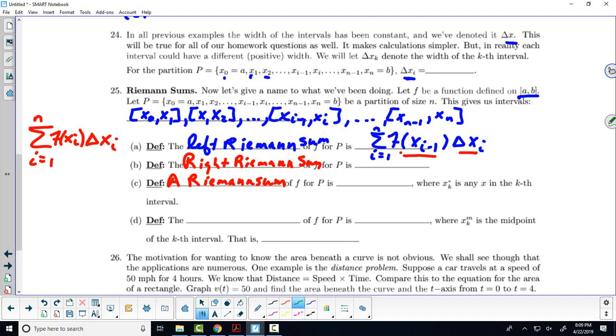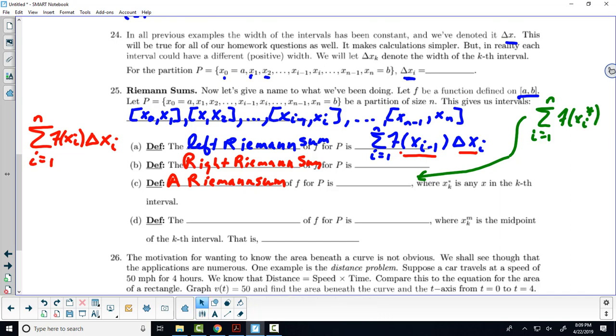You could use a little more room? Okay, I'll try to fix that for next semester. So, the sum from, again, i equals 1 to n, but then we're going to take f of x i star times delta x i.